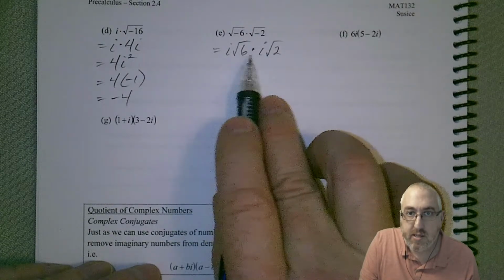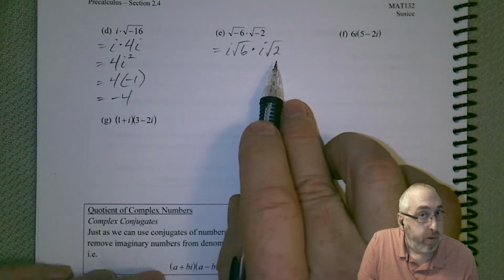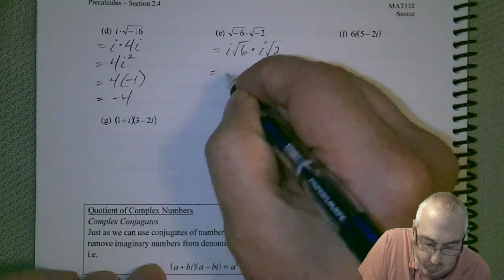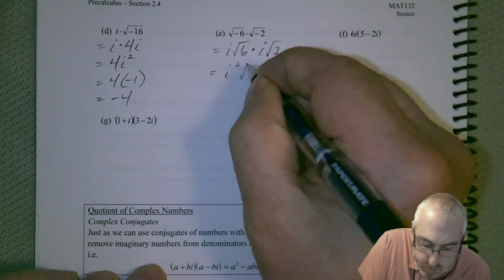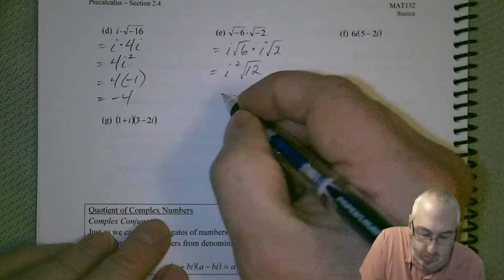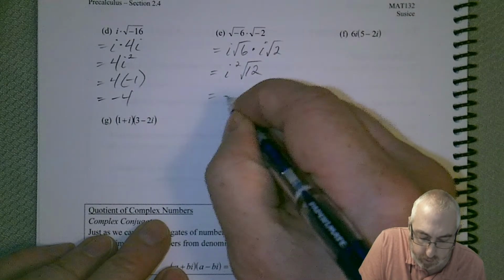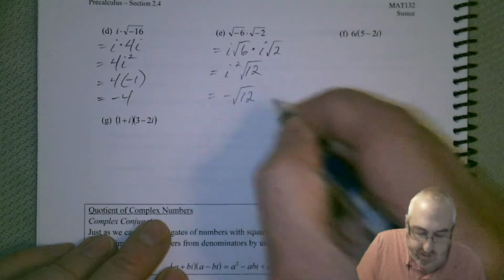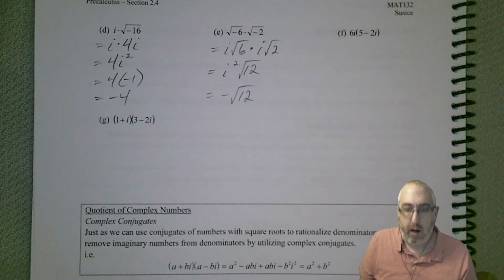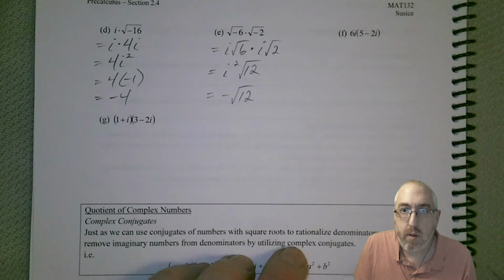The square root of 6 and the square root of 2, well, we can just combine those under one square root. So we're going to get I squared square root of 12. And so I squared is -1. So we can just write this as the negative square root of 12. All right, two more, and then we'll close this video out.